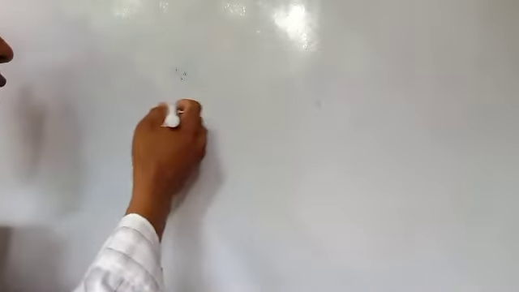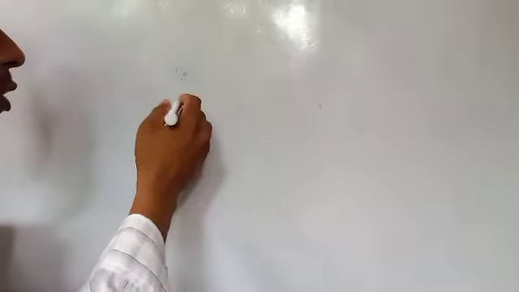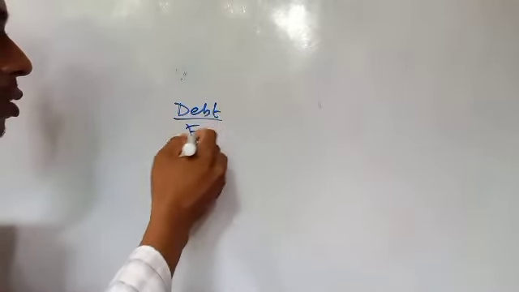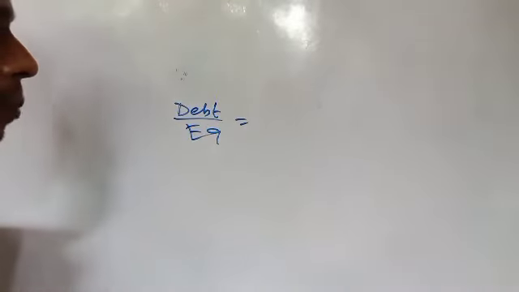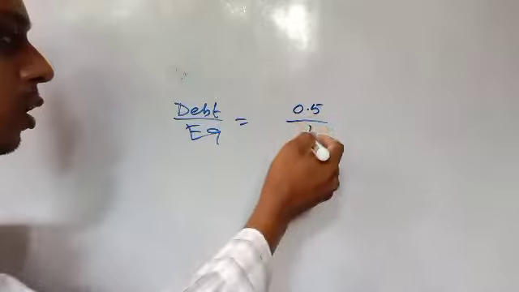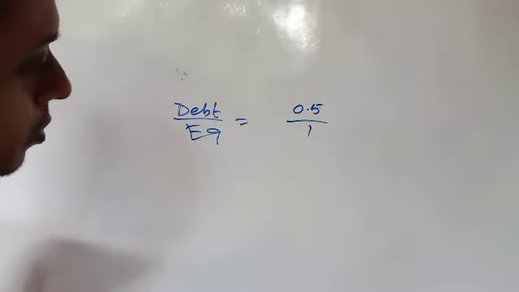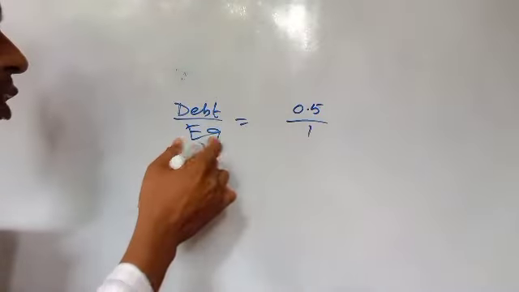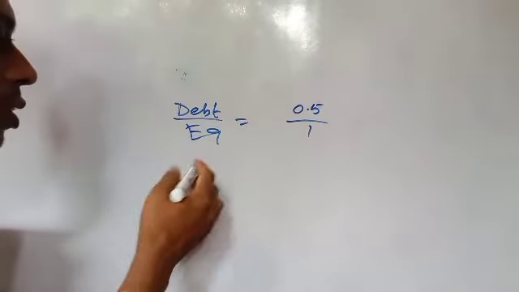Now similar way, suppose debt to equity ratio is given, suppose 0.5:1, that means 0.5 by 1. So debt to equity ratio is given and equity is given to you.